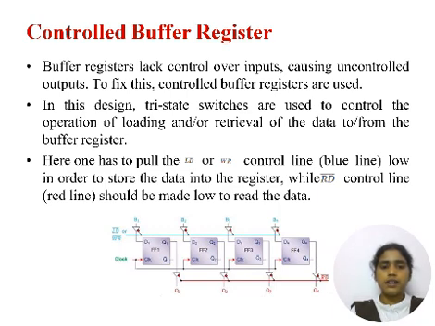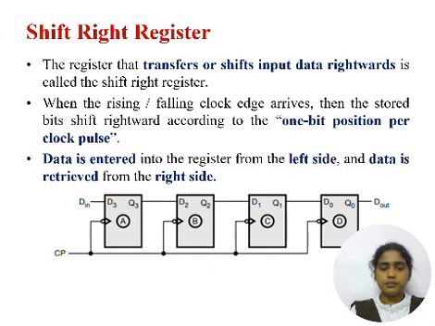Here one has to pull the LD or WR control line low in order to store the data into the register, while the RD control line should be made low to read the data.